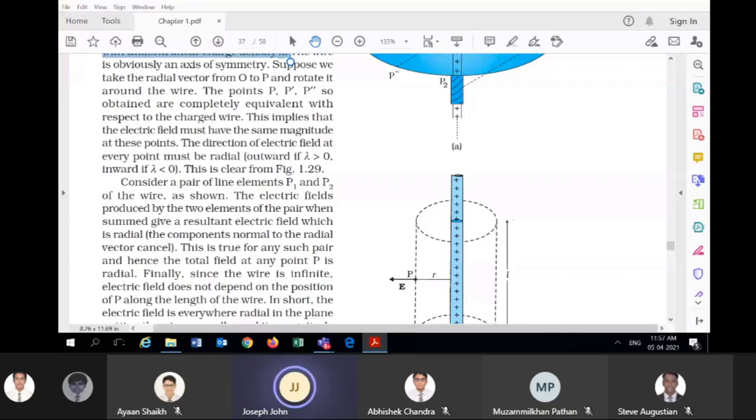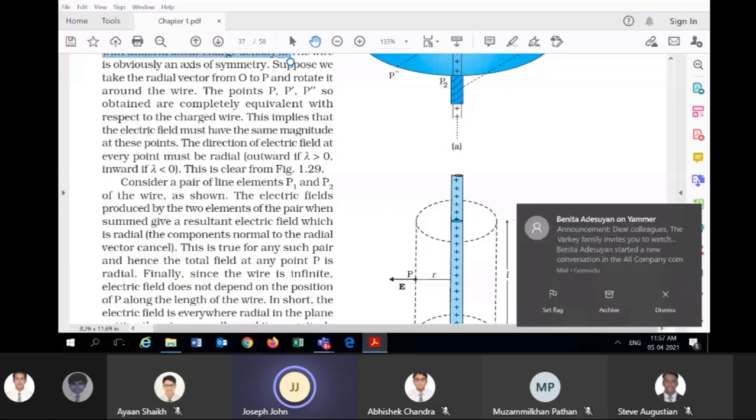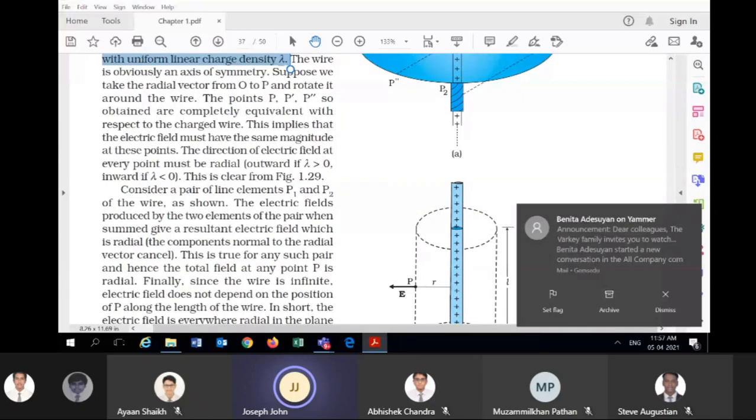P is a point at a distance r, small r, at a distance small r from the wire.